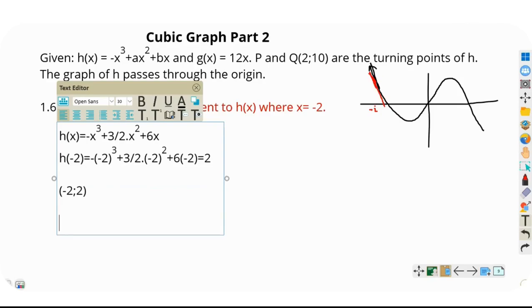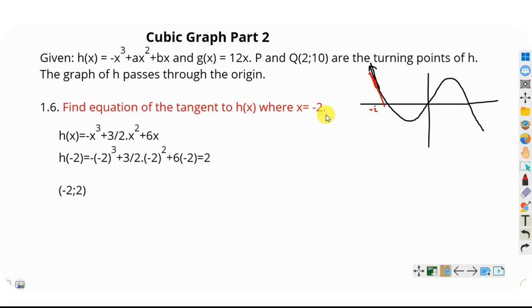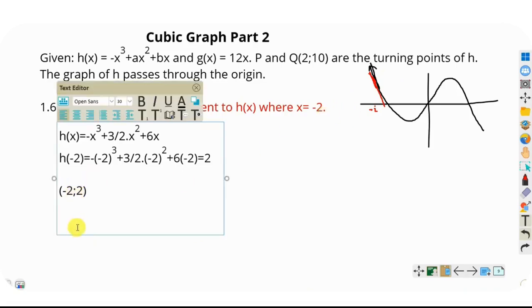Let us find the gradient. Remember a tangent is a line that touches the graph once. It's a straight line, right? So we're going to differentiate the equation of h so that we find the derivative. Let us find the derivative of h.